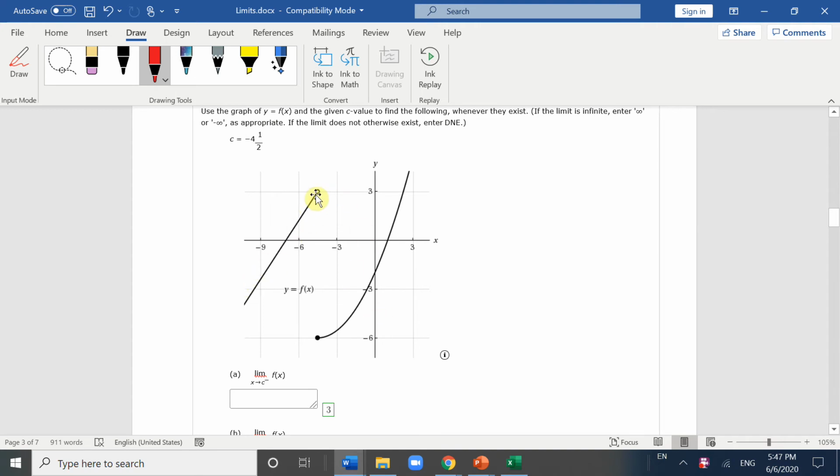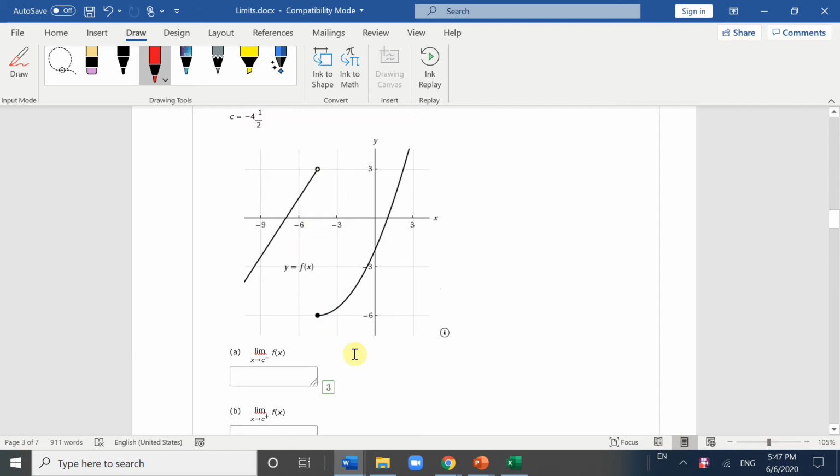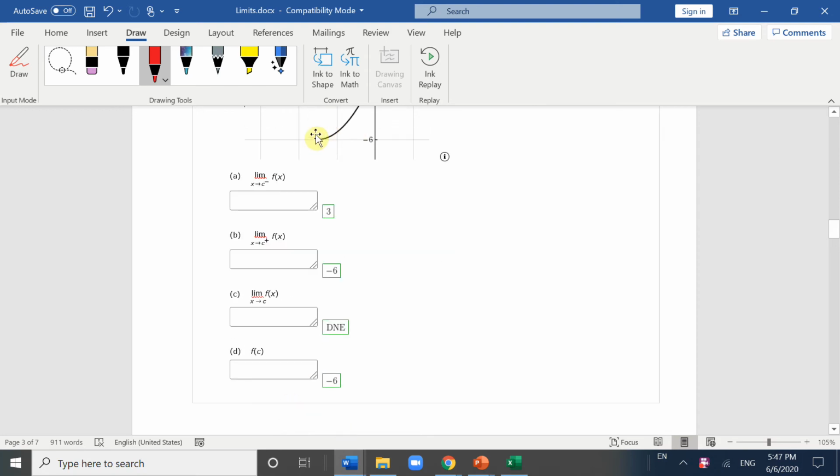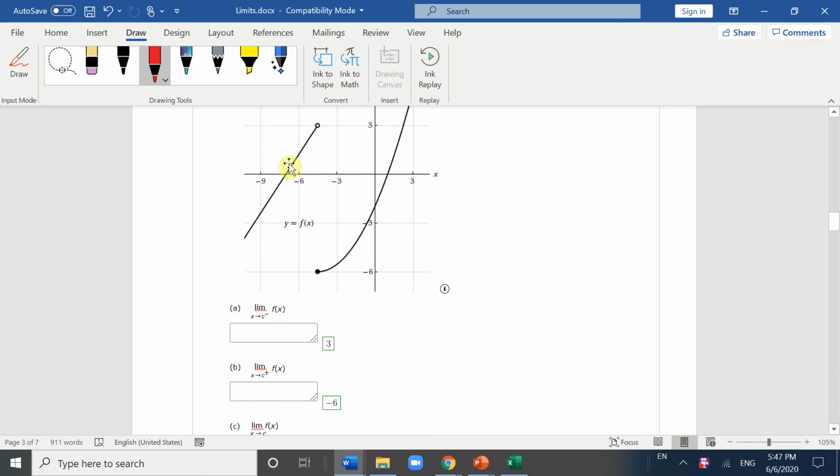The third one, this is a breakpoint. Go this way, then jump to here. So when x equals -4.5, y is -6. You see it's well defined, but the limit from the left side, x approaches -4.5, y approaches 3, so 3.